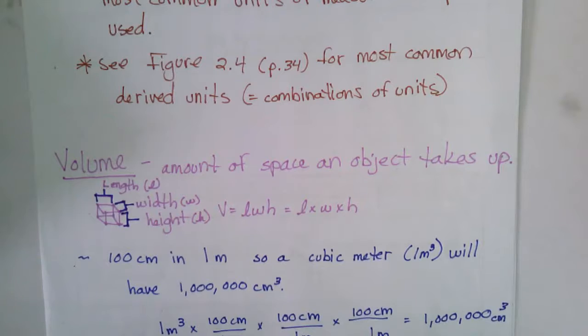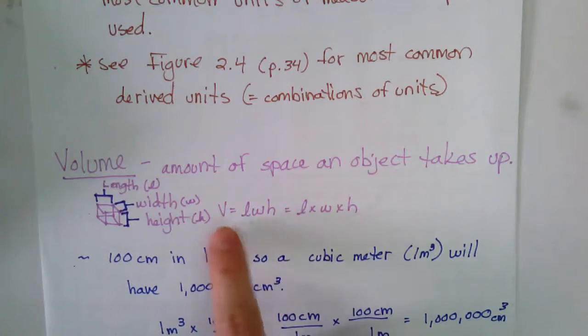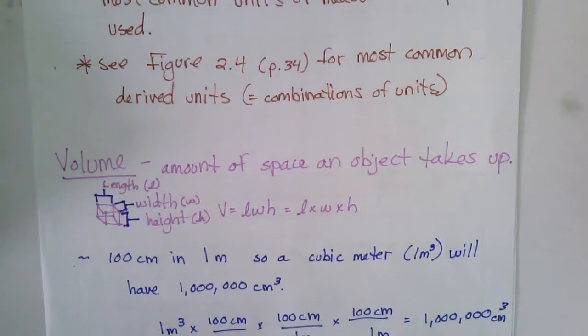All right, so volume has a specific formula. We like to symbolize volume with a capital V, and it's length times width times height, LWH. And so for a cube, if each of those sides is a centimeter, that's where you would get a centimeter cubed. That is a measurement of volume.